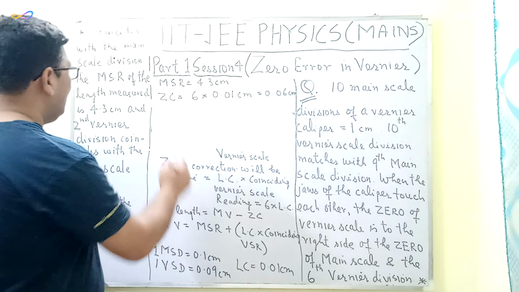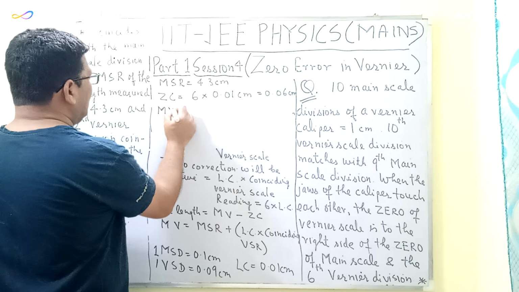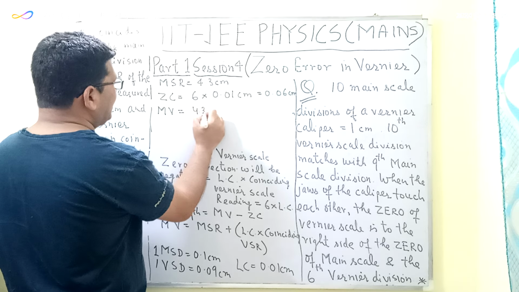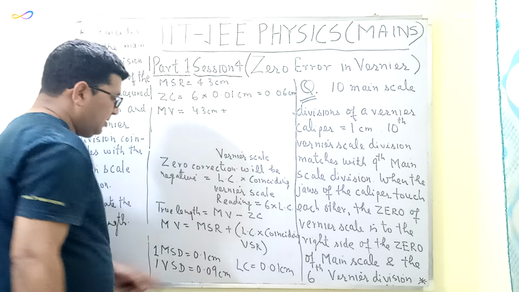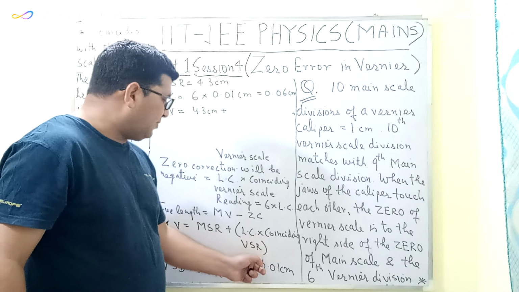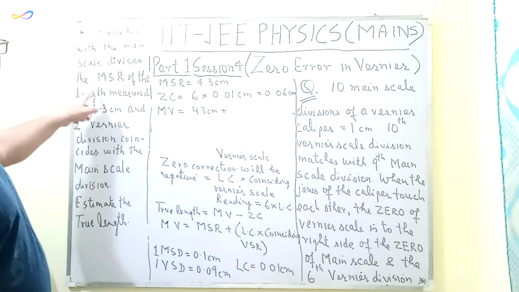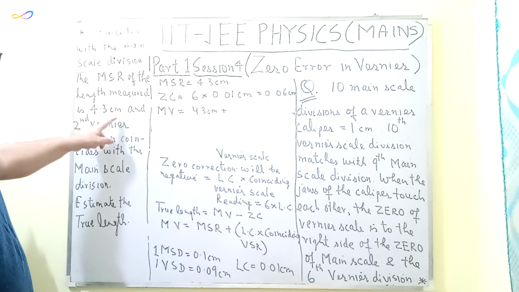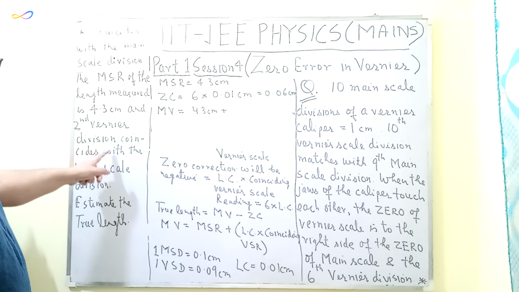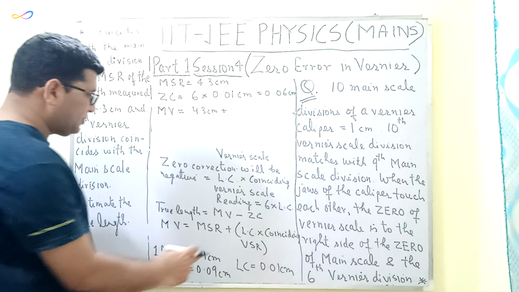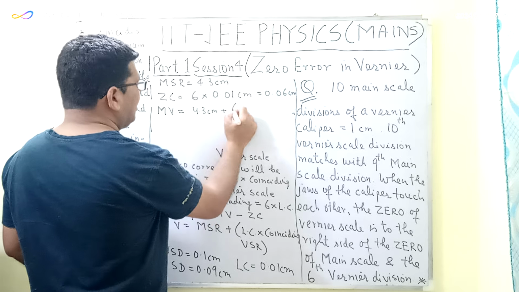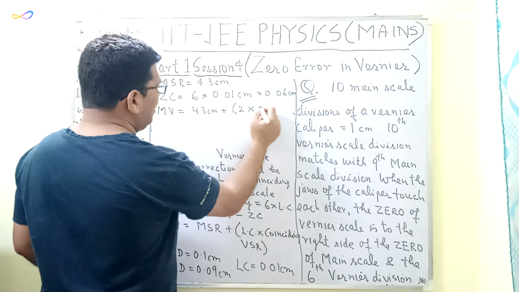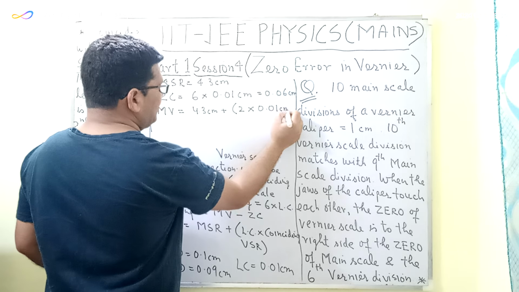Now we have to find the measured value. The measured value is equal to main scale reading, which is equal to 4.3 centimeter, plus least count into the coinciding vernier scale division. Here you can see the main scale reading of the length measured is 4.3 centimeter, and the second vernier division is coinciding with the main scale division. So the coinciding vernier scale reading will be 2 into the least count. Least count is equal to 0.01 centimeter.